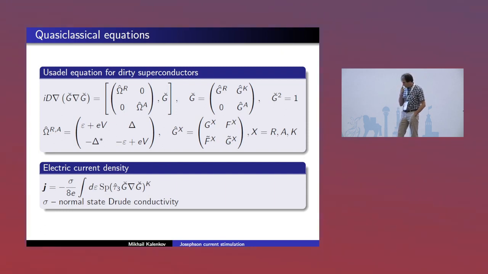The Green function has three components: the retarded and advanced components describe the spectral properties of the system, and the Keldysh part contains information about the quasi-particle distribution functions in the system.